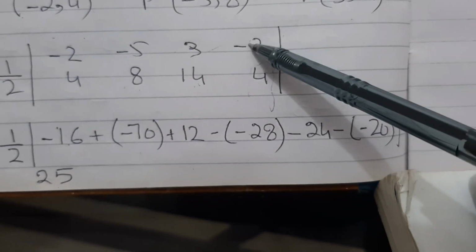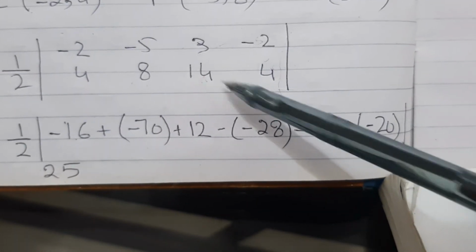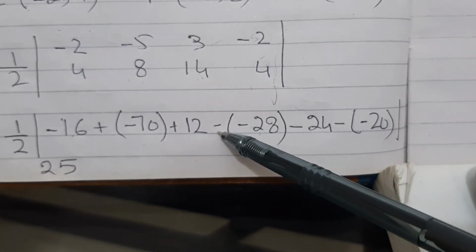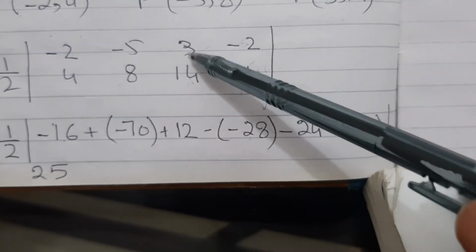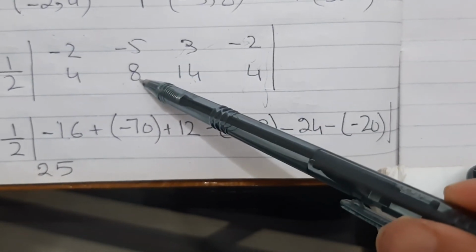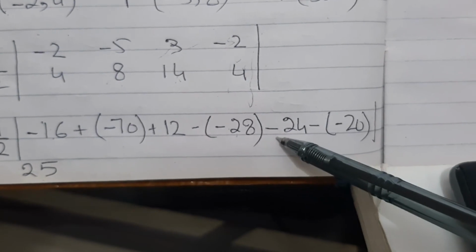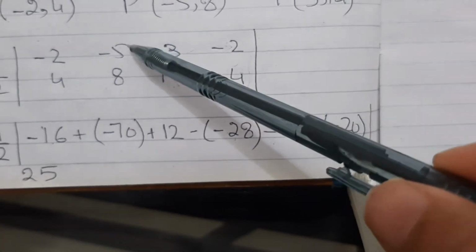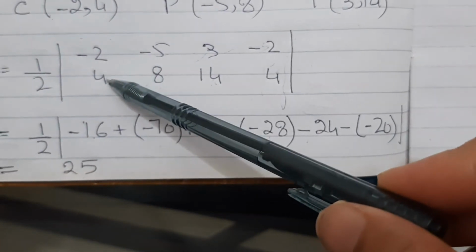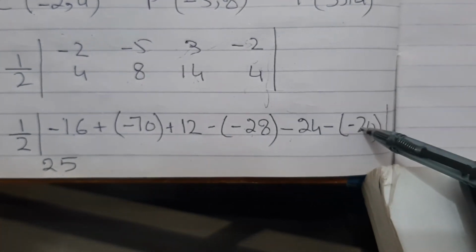If you see here, minus 2 times 14 is minus 28, and I am subtracting. Then 8 times 3 is 24, I am subtracting. Then minus 5 multiplied by 4 is minus 20, I am subtracting.